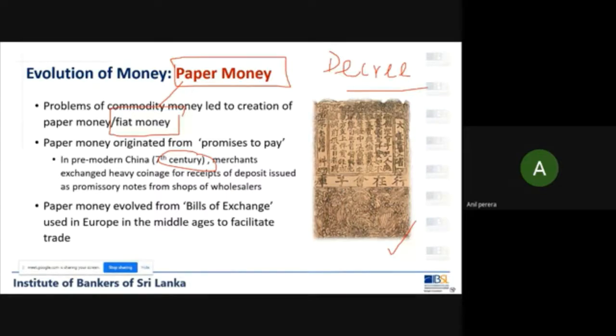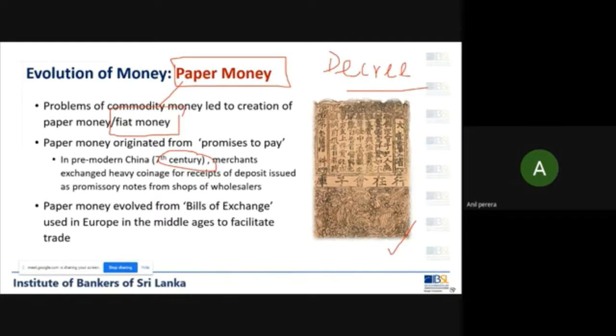They exchanged heavy coinage for such receipts of deposits issued by certain people or entities, mainly wholesale shopkeepers, as a method of transactions.